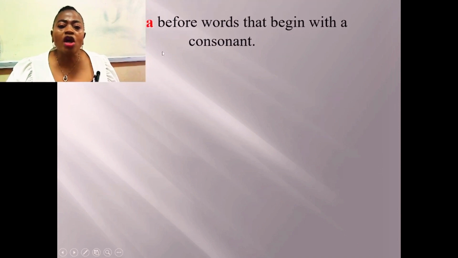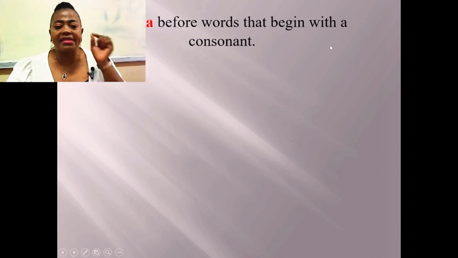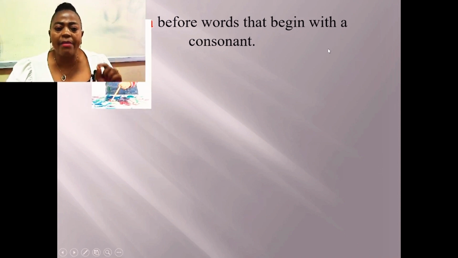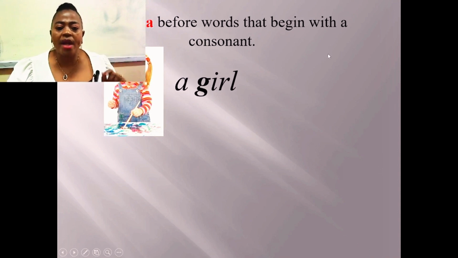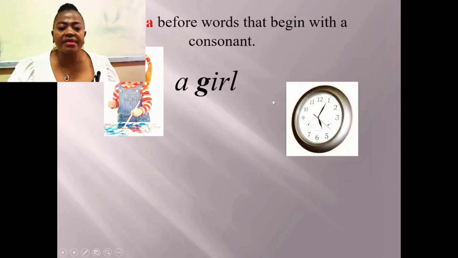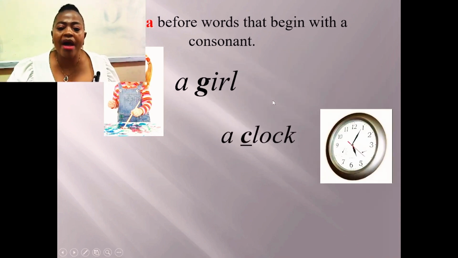And we also use A before words that begin with a consonant sound. Now, talking about consonant sounds, we see the first one, a girl. This is a girl. G is a consonant sound. And we also have a clock.